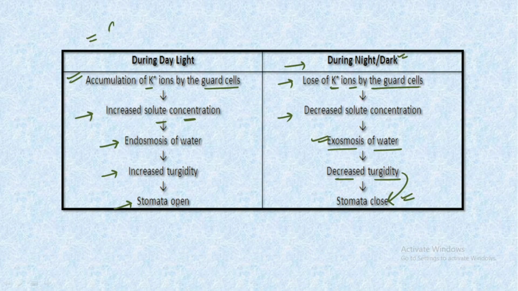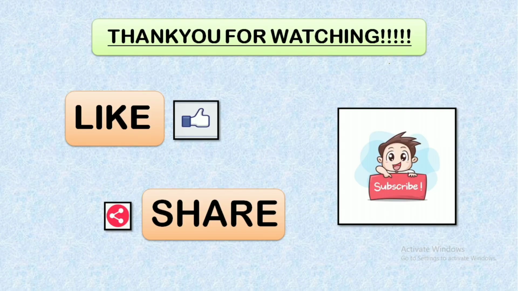So in the opening mechanism, we have cytokinin helping in the opening, and during the night time or during the time of stomatal closing, there is abscisic acid helping in the closing of the stomata. So with this, we are done with the complete concept of stomatal opening and closing in detail.